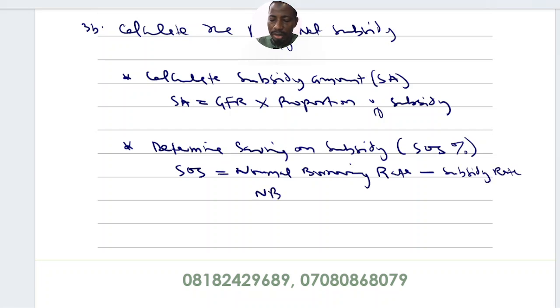So NBR minus SR. The normal borrowing rate is the interest rate associated with normal borrowing when you borrow through your bank or in the public.